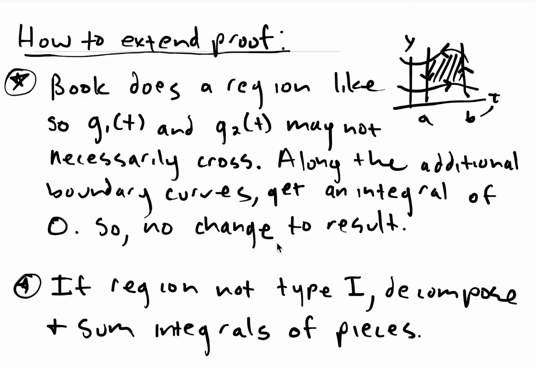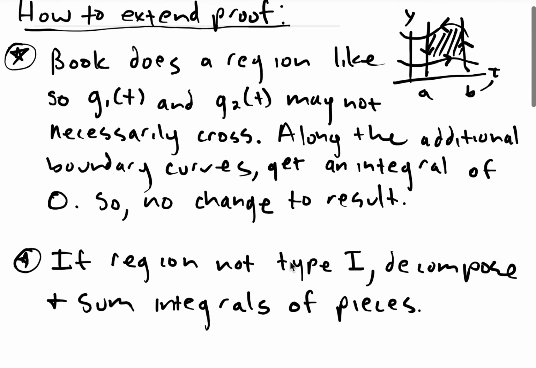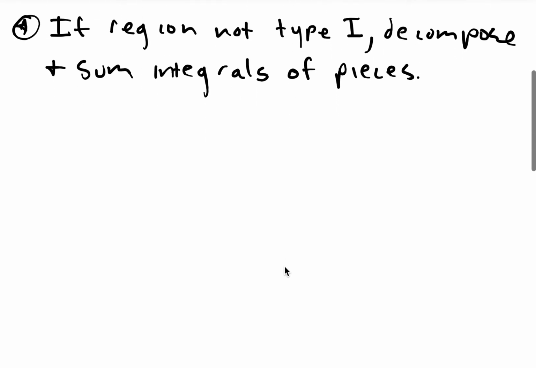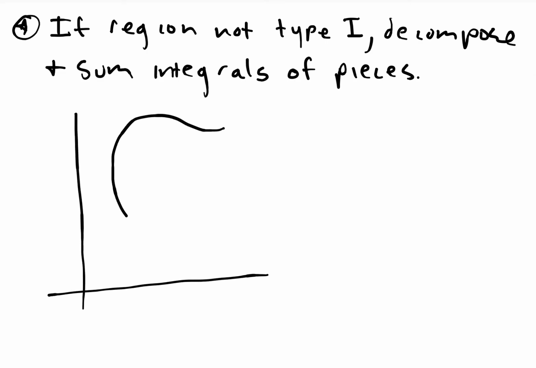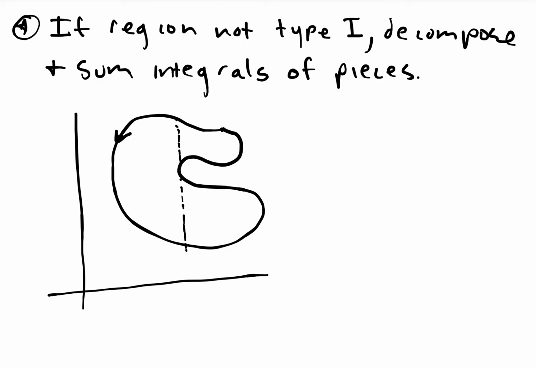Another comment to extend this proof: we don't necessarily have to assume that we're working in some sort of type 1 region. If I've got some sort of region that can't just be expressed with a top curve and a bottom curve, well, what you want to do then is cut this into pieces, right? So instead of just having this one big C curve, I could think about cutting this up until I do have a bunch of type 1 regions.